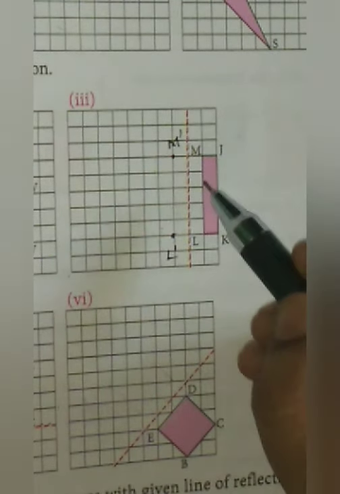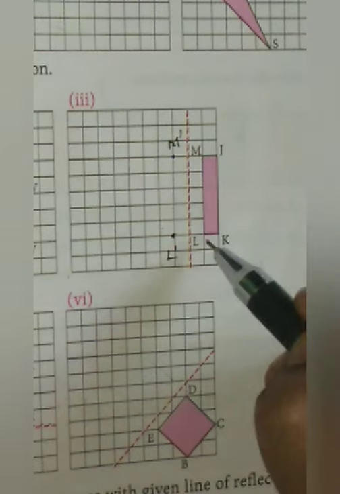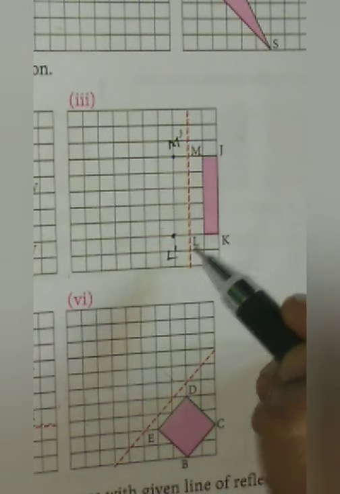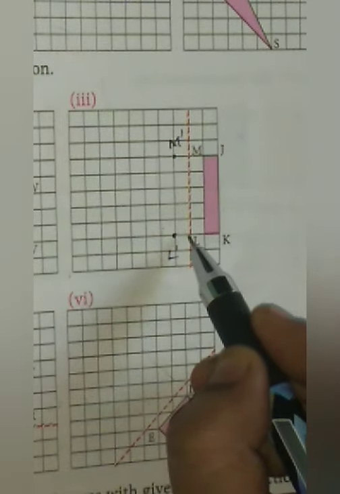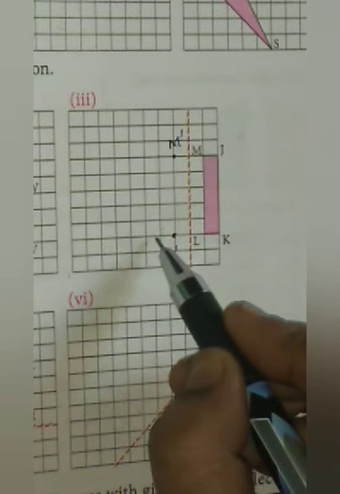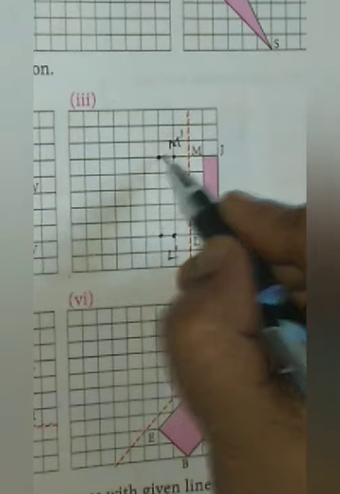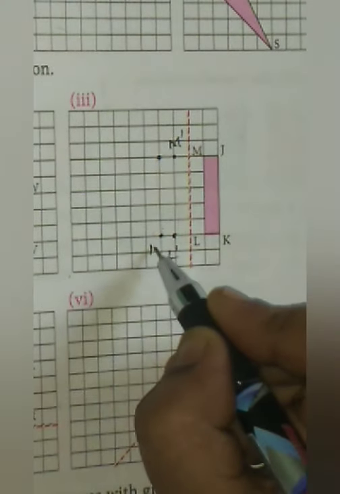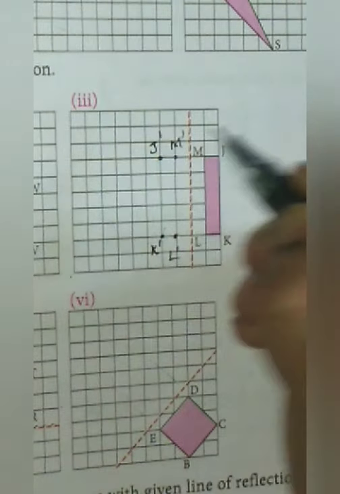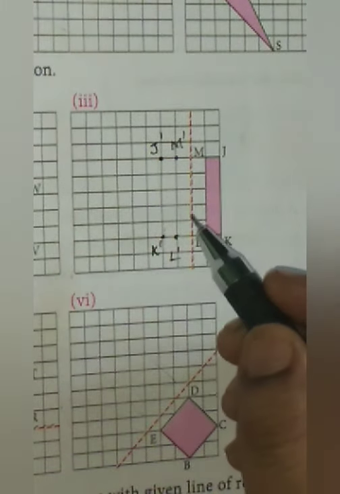And J and K are 2 units away from the line of reflection. So, leave 2 units left side. 1, 2. Place 2 dots. Denote them as K dash and J dash. Now join all these 4 vertices.